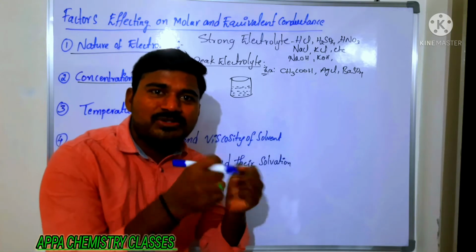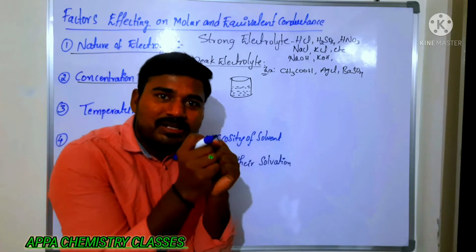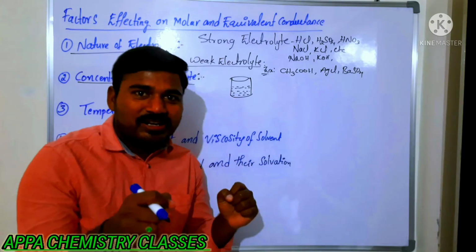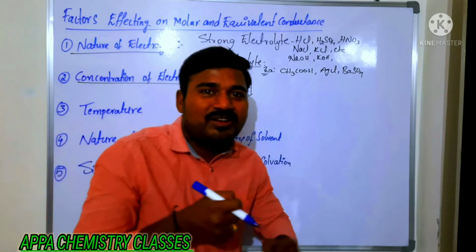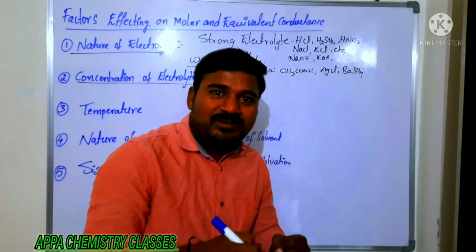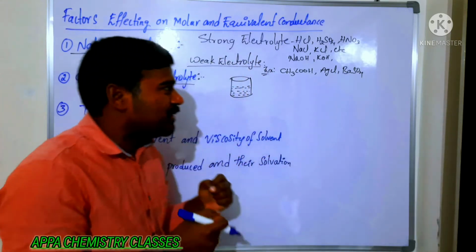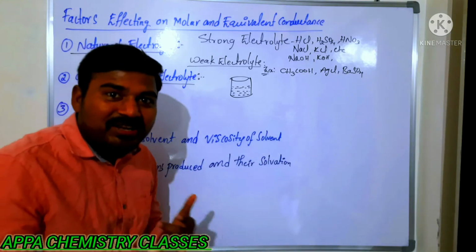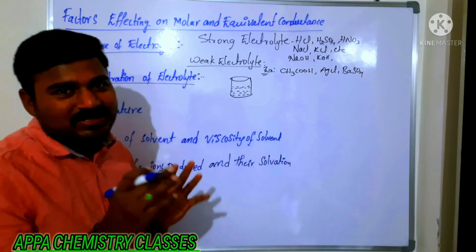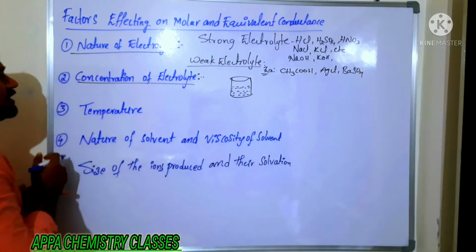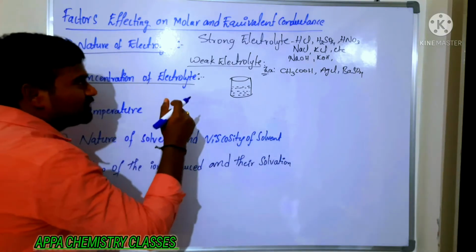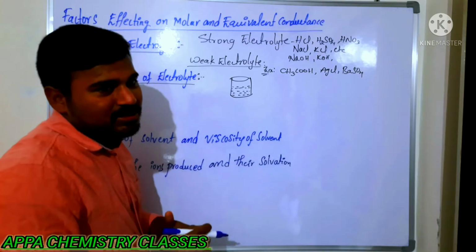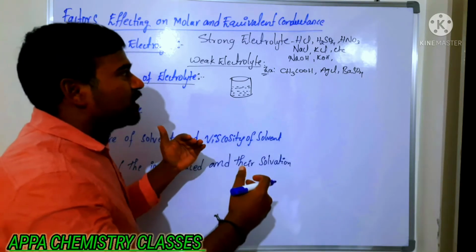Interionic attractions will take place. Due to these interionic attractions, the mobility of ions decreases. When the mobility of ions decreases, conductance decreases. Is that clear? So as the concentration of a strong electrolyte increases, conductance decreases.